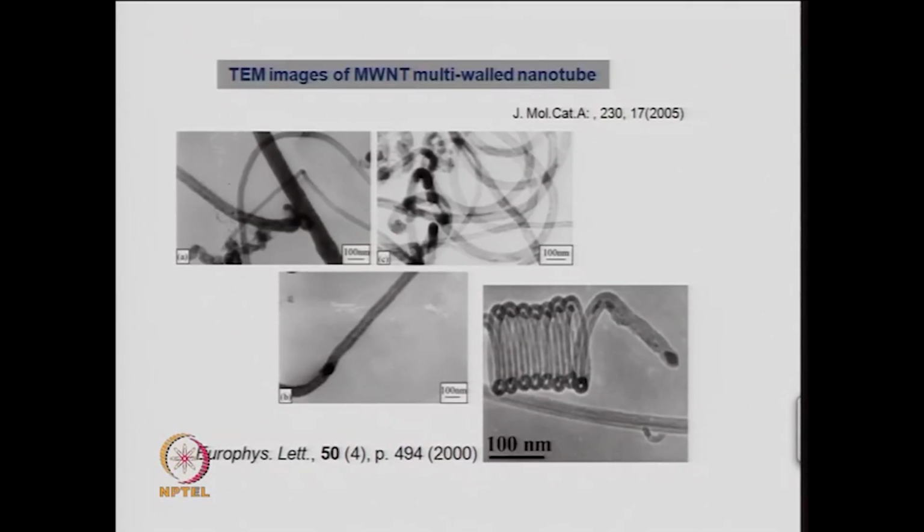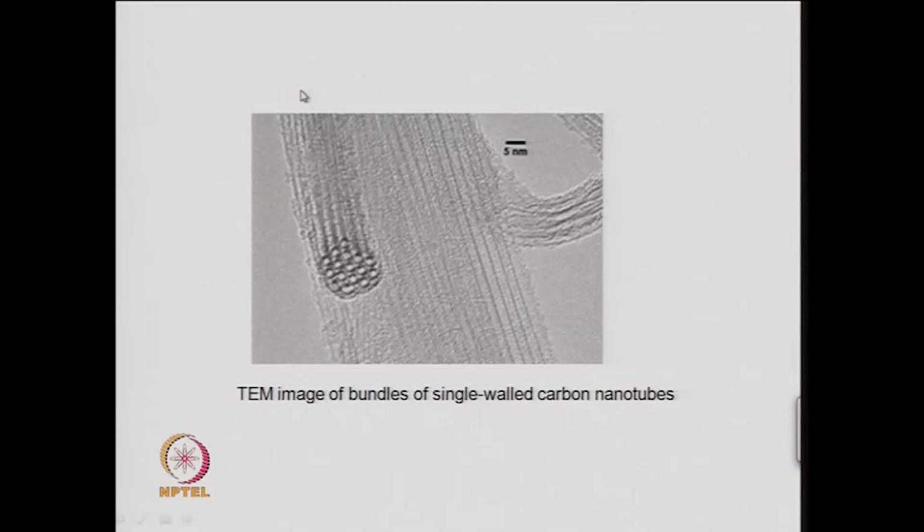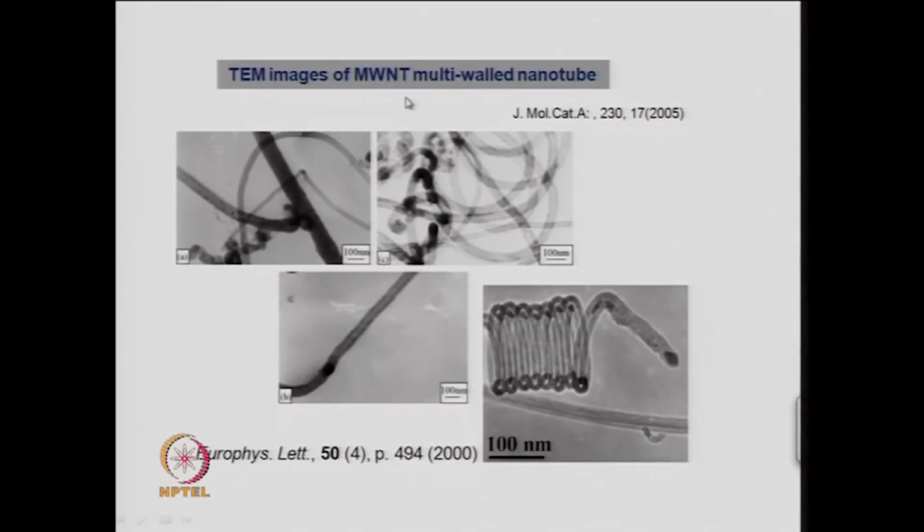Now, these are some real pictures, the transmission electron micrographs of multi-walled nanotubes, and you can see some of them are broad and wide. This scale is 100 nanometers, so this is a very thick nanotube. These are thin nanotubes.